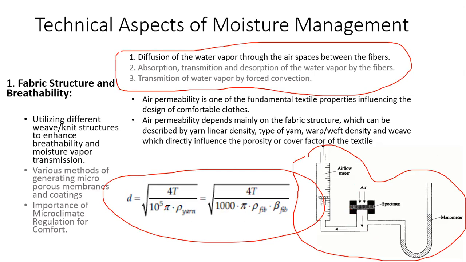But in theoretical terms, there are different equations which combine different technical parameters of the textile and decide the air permeability. So this model development is very important, which we never look at. Normally in industries, in universities or in research institutes, most of them look at material development directly.